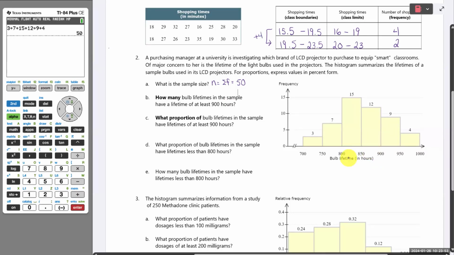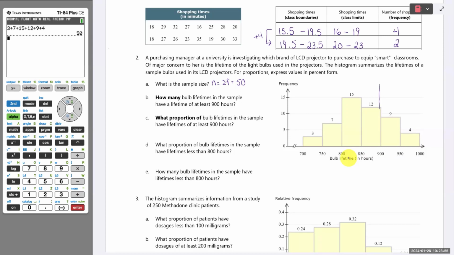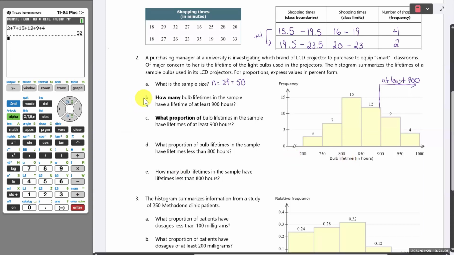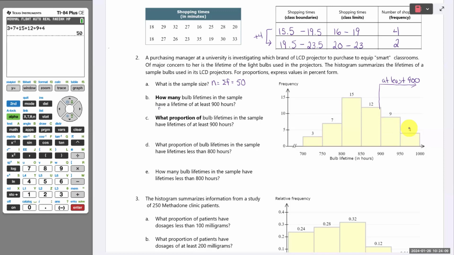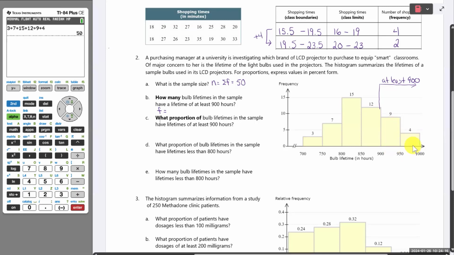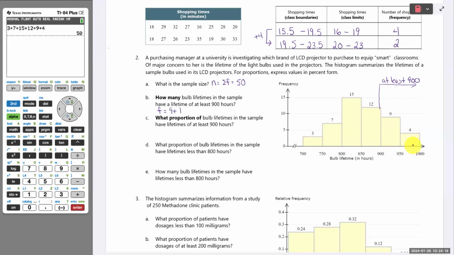So I'm just going to indicate that up at the top here. So that would be those bulbs. So that's at least 900 hours. If it says how many, we would just add those frequencies. So in total, the frequencies for those two classes, 9 plus 4, we have 13 light bulbs.